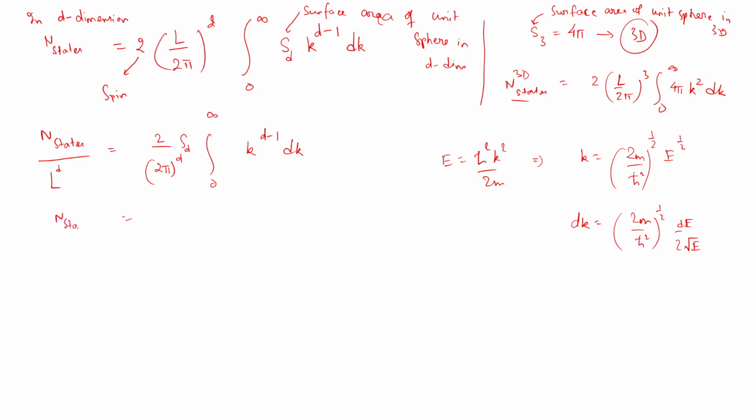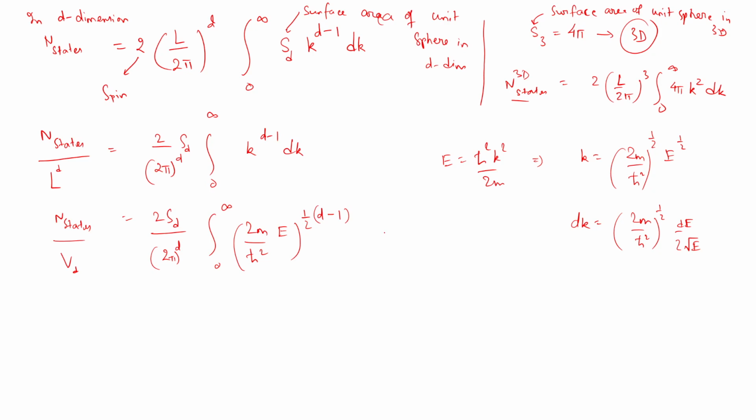Number of states in volume V is equal to 2 root, 0 to infinity. This k, we have to replace with this value, 2m over h bar square into E to the power 1 by 2, to the d minus 1.